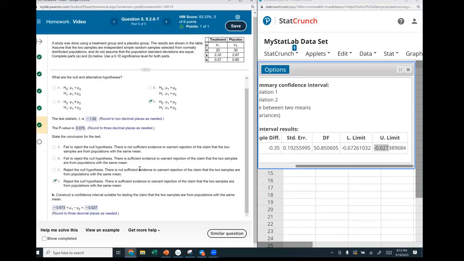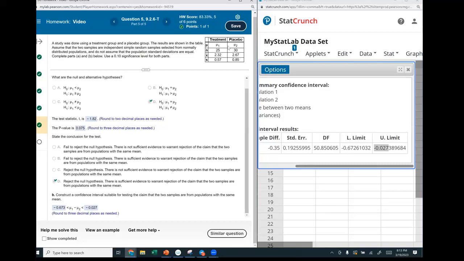So I don't want to go to the next question yet because I want to show you that here we rejected the null hypothesis, which meant that the means are not equal. This shows me that mu1 has to be smaller than mu2 because everything here is negative.